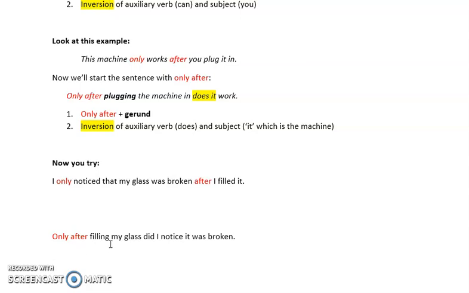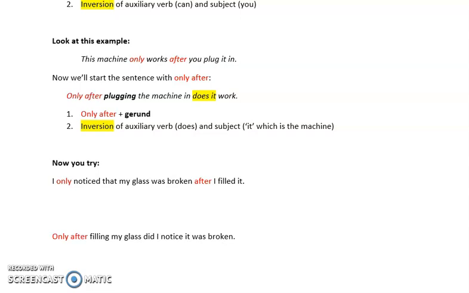Only after filling my glass, so here I have my verb fill, it's going to get the gerund. Only after filling my glass, and then I have the verb notice. Here it was past simple, so here it also needs to be past simple but inverted. Only after filling my glass did I notice it was broken.